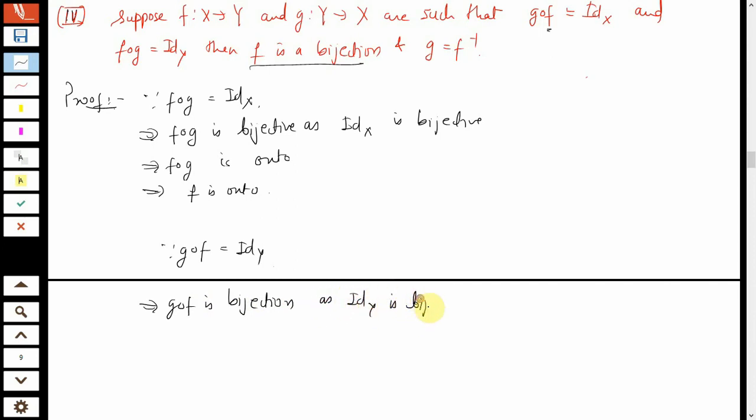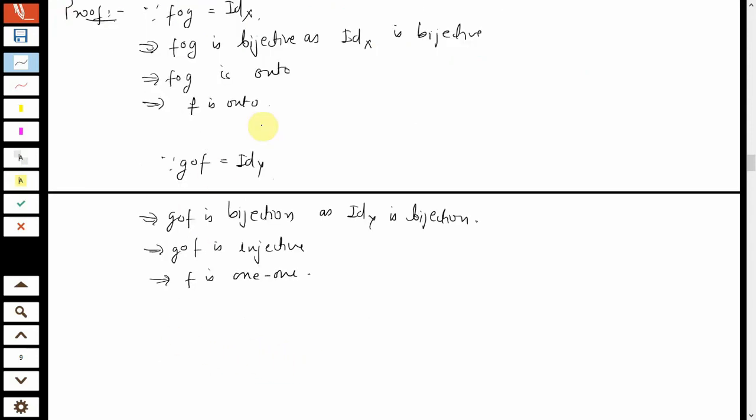And this implies that G composite F is injective, because I want to show that this F is injective. So G composite F is injective, or 1-1. This proves that F is 1-1 or injective, and therefore, combining this 1 and 2, I can say that F is a bijection.